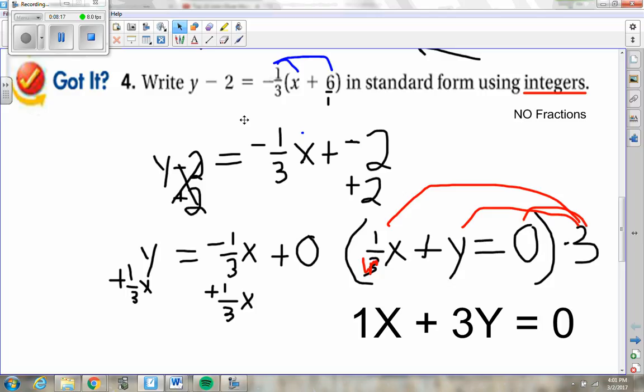I started to simplify as much as I could, first by getting rid of parentheses, then moving all my numbers to one side, all my variables to the other side, then timesing by the bottom of the fraction to get rid of that fraction and have standard form with just integers, no fractions. Okay? That's doing it from point-slope form.